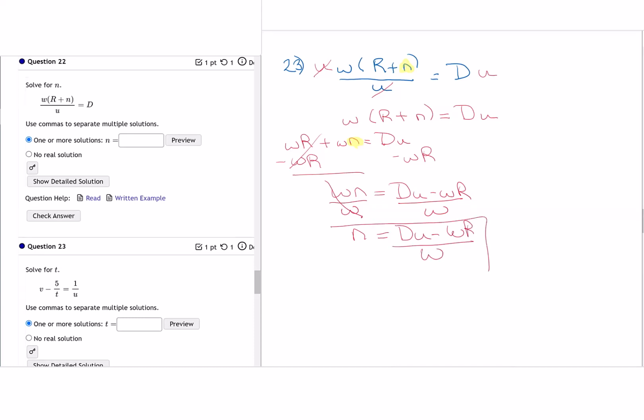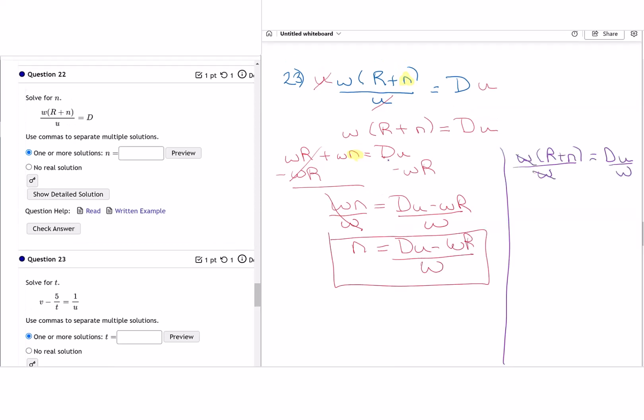That is one solution. Another solution, if I don't distribute, I can first start off by dividing both sides by W. This gives me R plus N equals DU over W. And then I can subtract R from both sides.